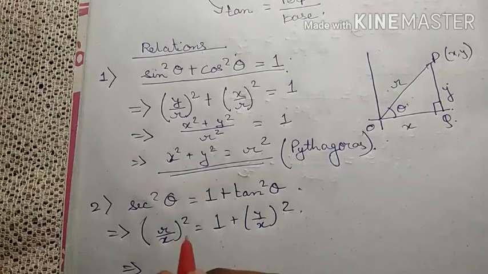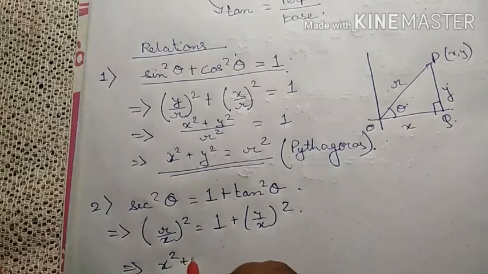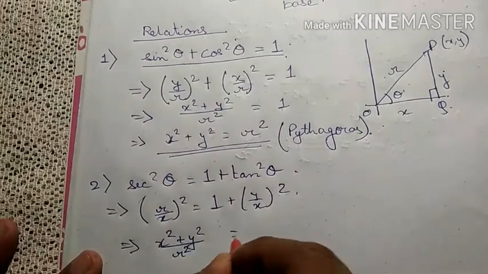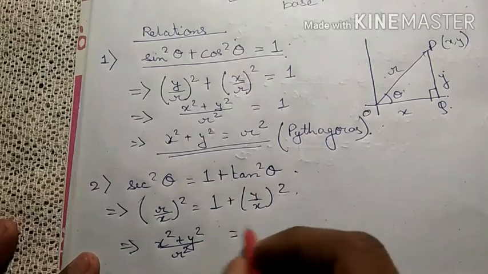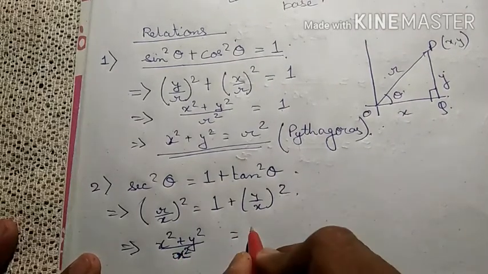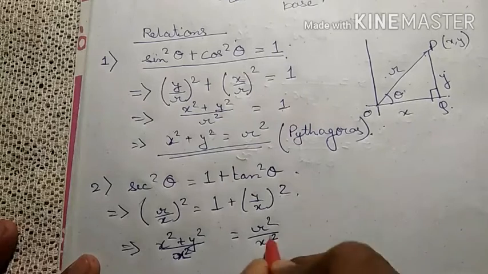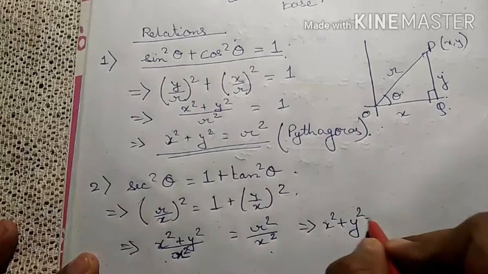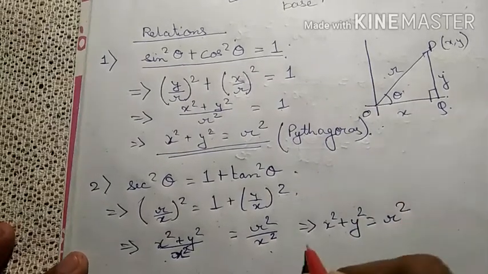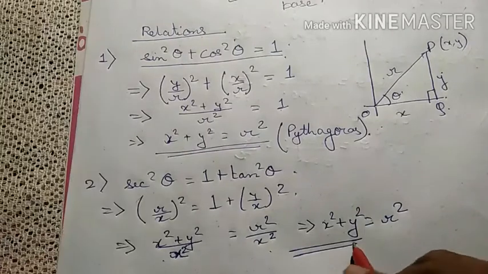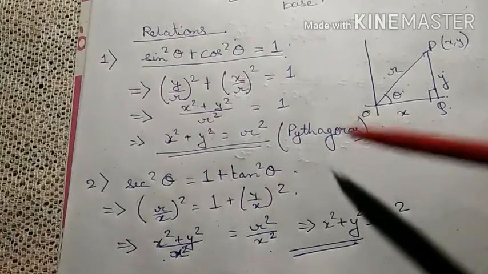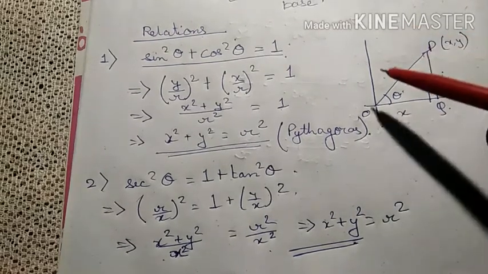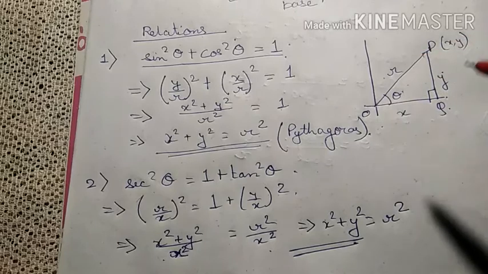On addition, we get (x square plus y square) by x square equals r square by x square. Cancelling x square and x square, we get x square plus y square equals r square. This is also the statement of Pythagoras theorem. So clearly we are heading to the Pythagoras theorem, which is a preliminary property of a triangle, and we can easily verify this.